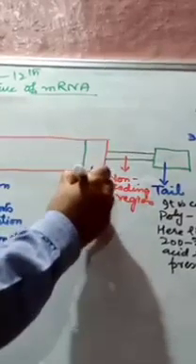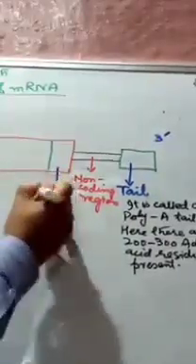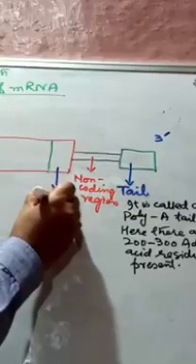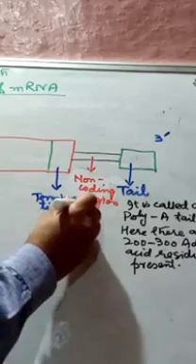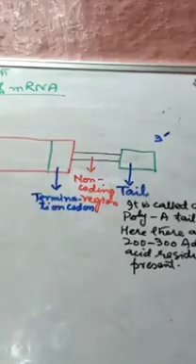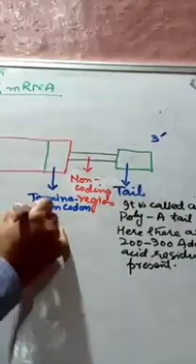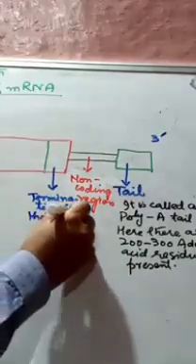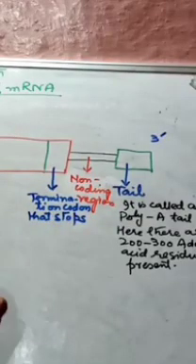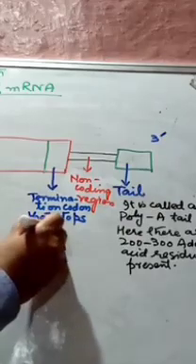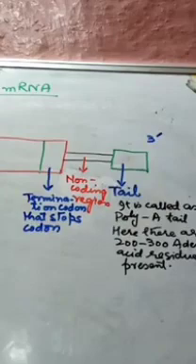Now this part, the initiation codon, and what is this? The terminating codon. Here the codon ends, the termination codon, and there are 3 termination codons that stop, that terminate.